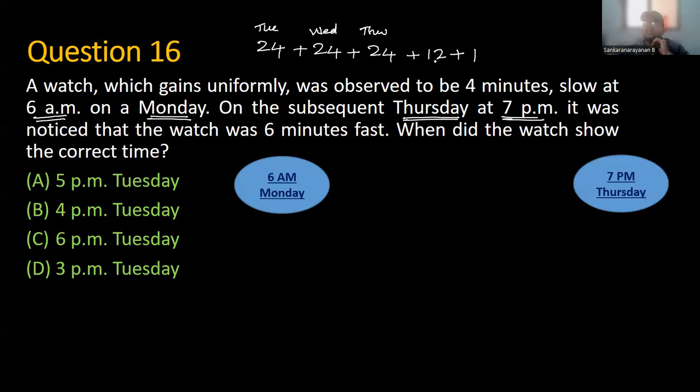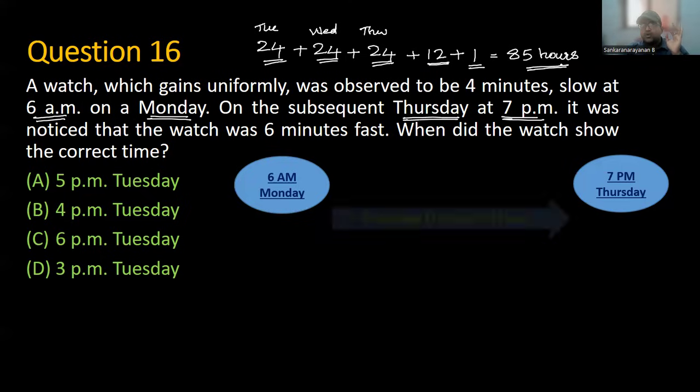So altogether, the total time duration is 24 plus 24 plus 24, that is equal to 72, and 12 plus 1 is 13 more, giving 85. Altogether, I can see that this corresponds to 85 hours.